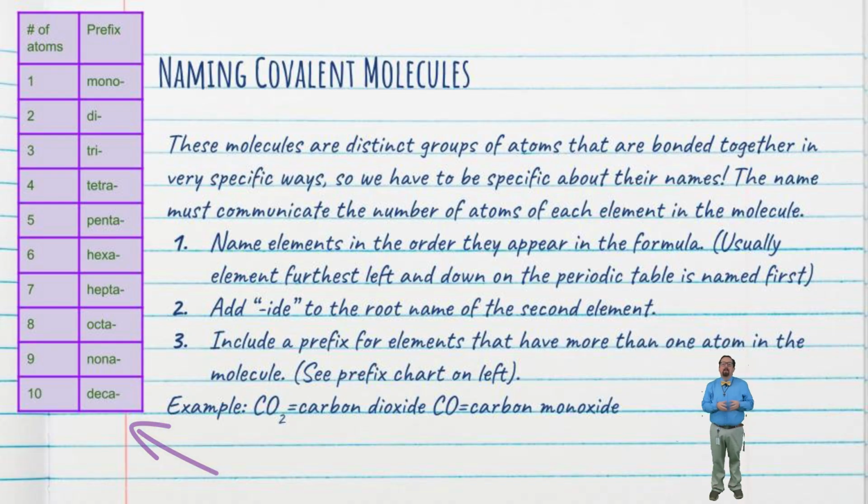The only weird rule is that when there's only one atom of the first element, we don't have to put the mono prefix. Otherwise, you will use prefixes for both parts of the name. So we could have CO2, which would be called carbon dioxide, or CO, which would be called carbon monoxide. The di and mono prefixes tell us there are 2 and 1 oxygens respectively.